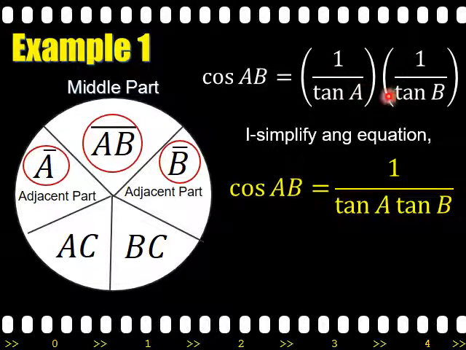Tangent A times tangent B, denominator to denominator. Kaya naging ganito siya. Tangent A times tangent B sa baba. So, ito na yung ating final equation. So, madali nyo na itong makikiin sa calculator nyo kasi meron kayong direct na button dyan that will give you the value of tangent A and tangent B.